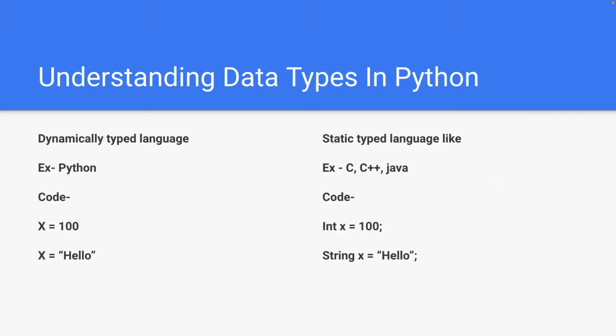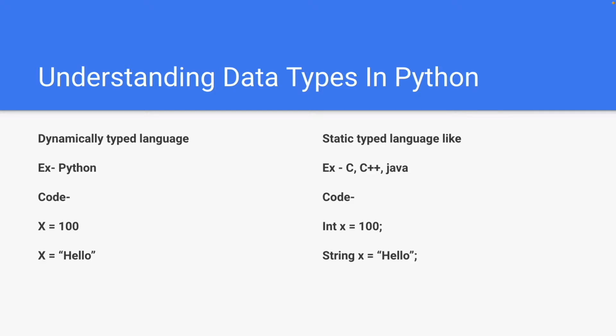So, understanding the data types in Python. For the data types, we have dynamically typed languages, for example Python. Dynamically typed languages are those in which you don't need to explicitly provide the type of the variable that you are using.